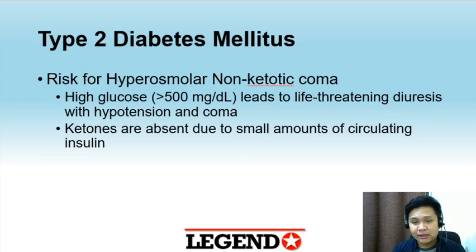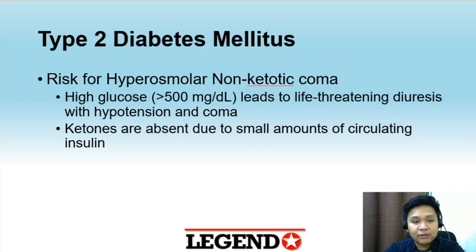They are more at risk for hyperosmolar non-ketotic coma, okay, which is manifested by high glucose, and this could lead to life-threatening diuresis with hypotension and coma. Ketones are absent due to small amounts of circulating insulin. Your insulin actually inhibits lipolysis. So in type 2, remember, there is insulin production. So this insulin will actually prevent the increased lipolysis, which eventually leads to diabetic ketoacidosis.